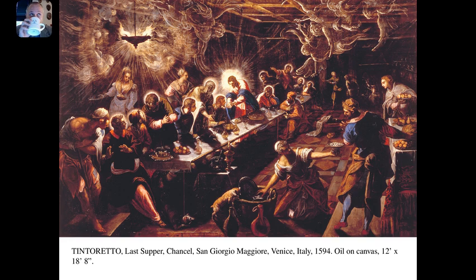For instance, in the foreground, which is the traditional scene of focus, this is the focal point of the painting, we have a couple of servants doing dishes and putting plates away and that kind of thing. And they're completely ignoring the very holy event that's taking place behind them.